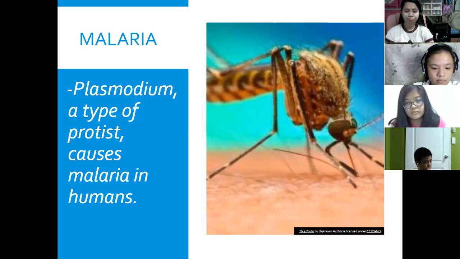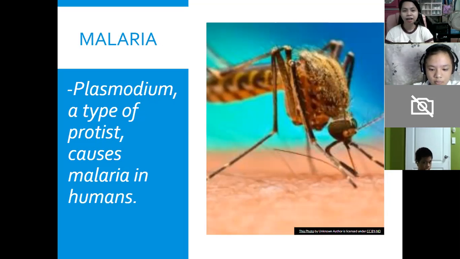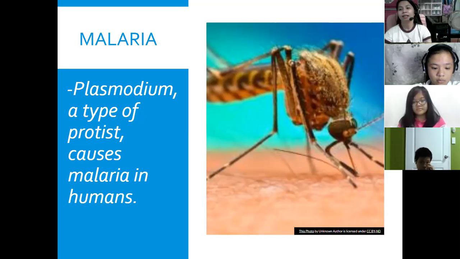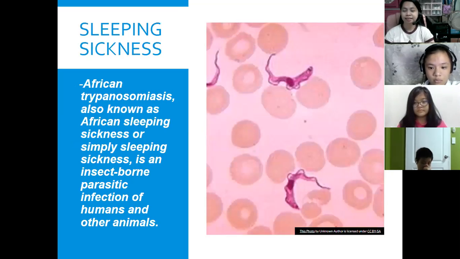This agent, the mosquito, transfers that protist when it bites you, and it lays eggs while sucking your blood. Together with that, the protist can be passed into your body. Next.